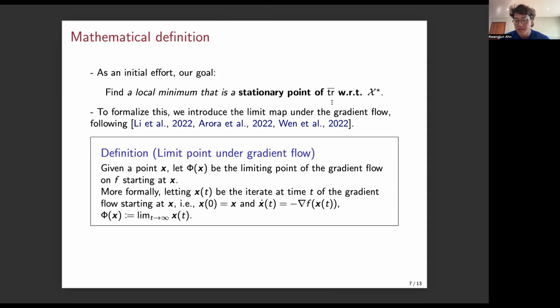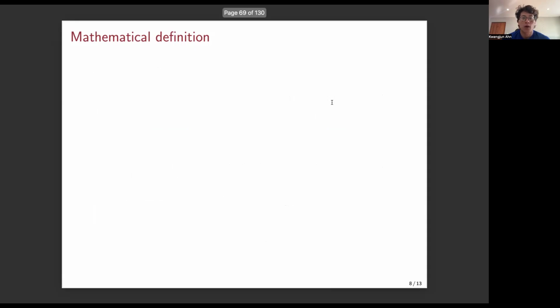For the purpose of this presentation, you can just regard the phi map as follows: phi maps each point x to its closest local minimum. So it's kind of like a projecting operator that maps each point to the closest local minimum. So that's the intuition behind the limiting point under gradient flow.